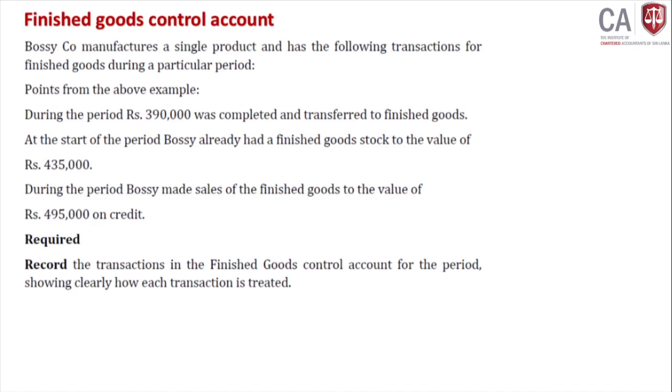495,000 here. During the period, the sales made of finished good to value of 495,000. Take the balance.